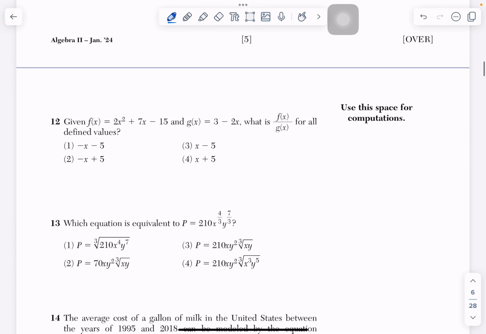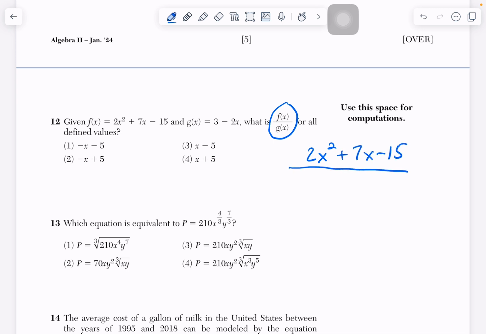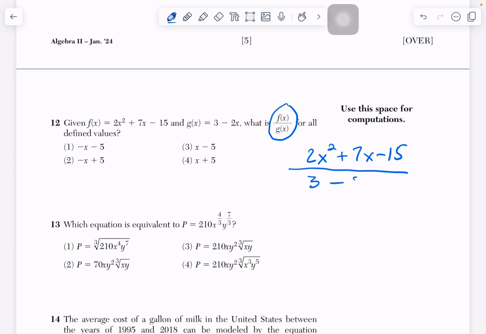Now, here's the difference. Remember, this is division of polynomials. This is 2x squared plus 7x minus 15 divided by 3 minus 2x. Now, look at all your answers. They're polynomials. So this one means we're going to simplify this. That's exactly what this means.